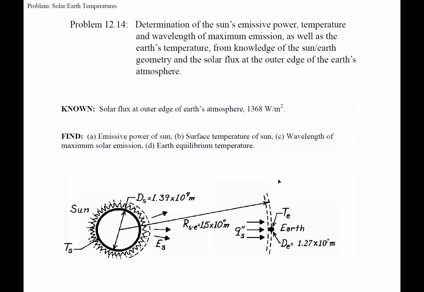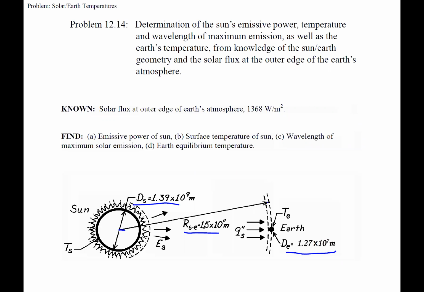All right, so we see the schematic here, which is the problem's drawing. We have the Sun, they gave us the diameter of the Sun, the diameter of the Earth. We have the distance from the Sun to the Earth, from center to center here, and that was given.